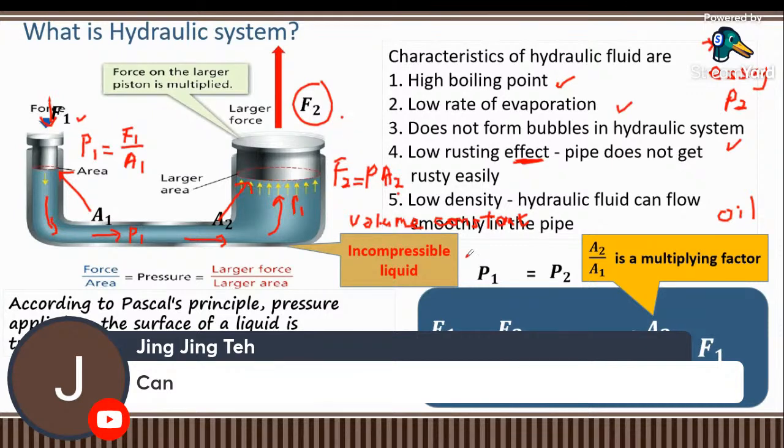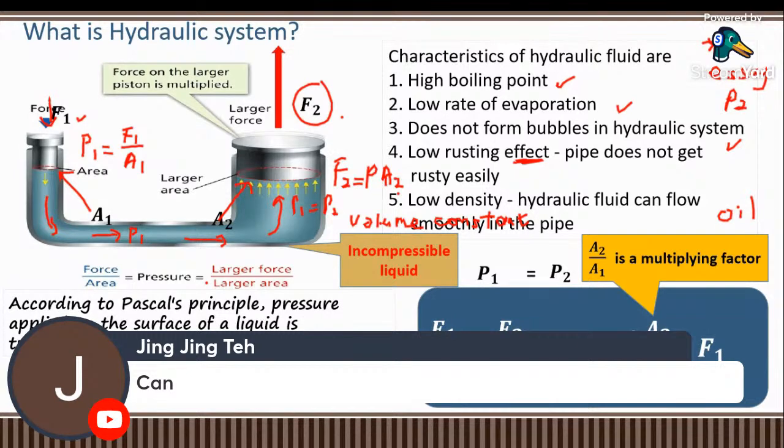Okay. The pressure transmitted P1 actually equals P2, because of the concept of Pascal's principle. Okay, dari sini ya, P1 equals P2.